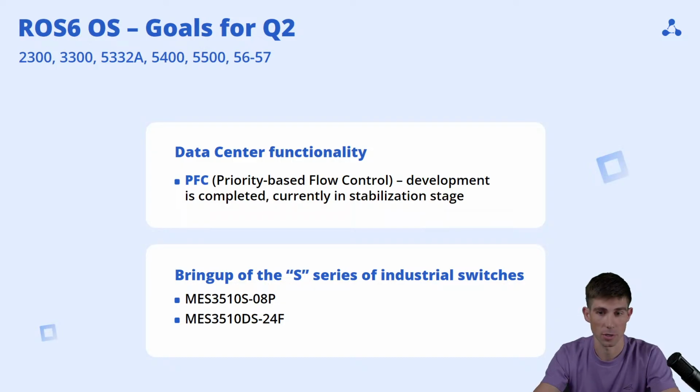Both these switches, by the way, are industrial switches, and SYNC-E, synchronous Ethernet, is a feature providing highly accurate network timing. And this may be essential for applications requiring precise time synchronization.